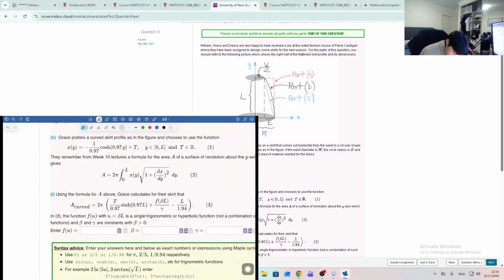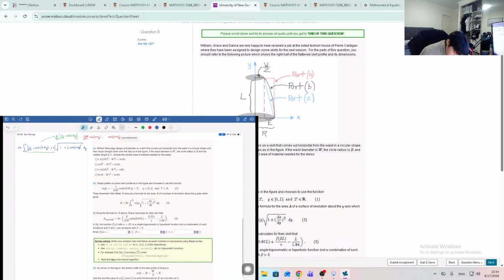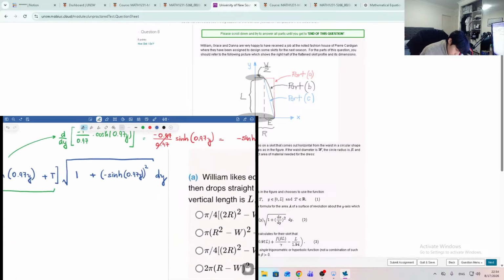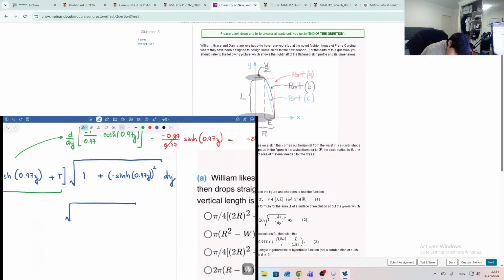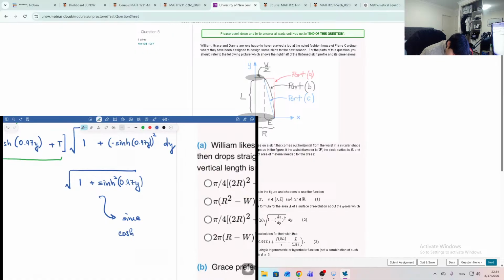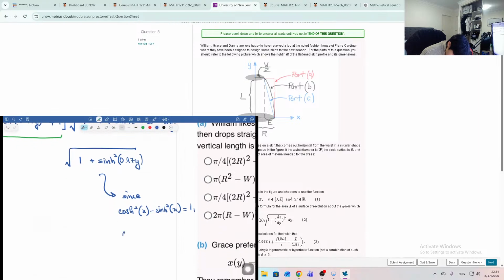We have to notice what they're doing. Well, this is 1 plus sinh squared, which is, since cosh squared u is equal to sinh squared u plus 1, right?